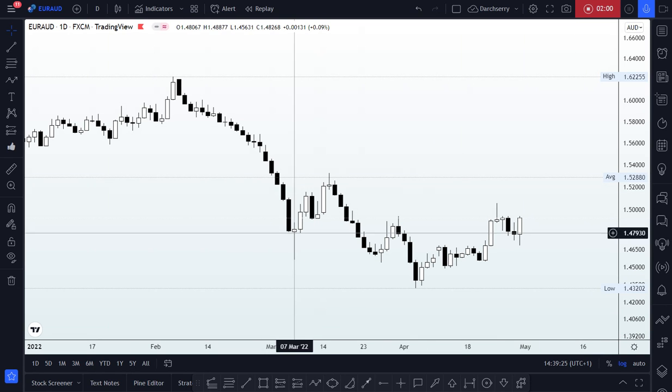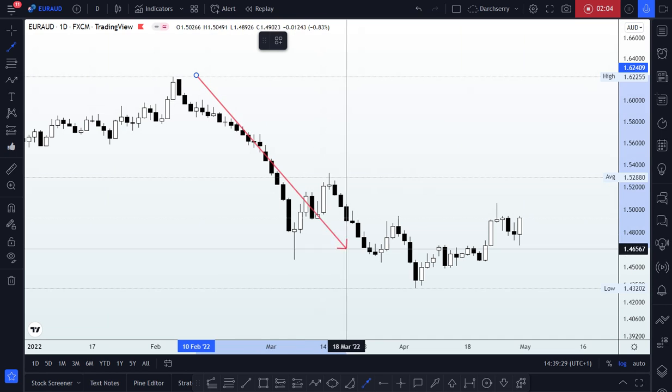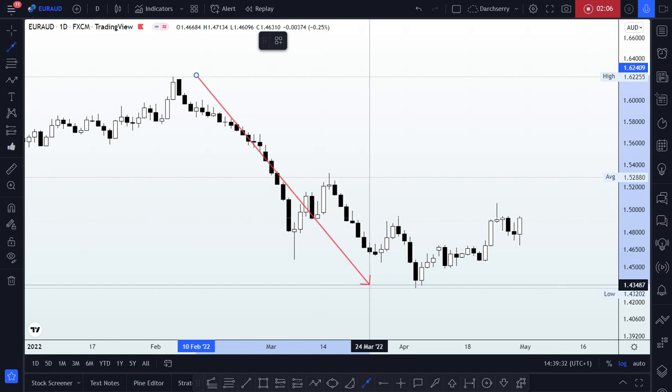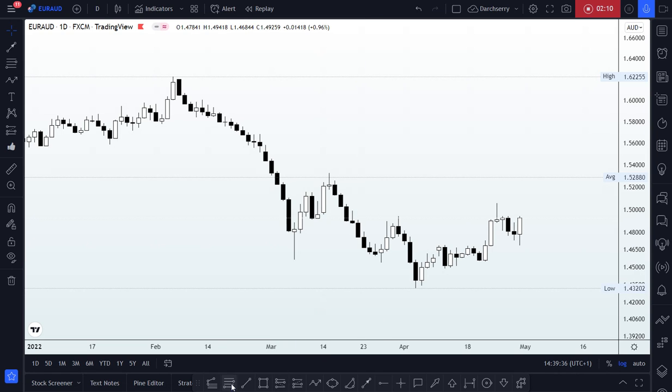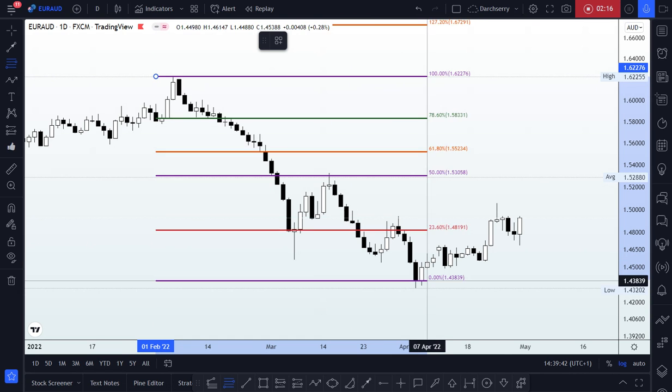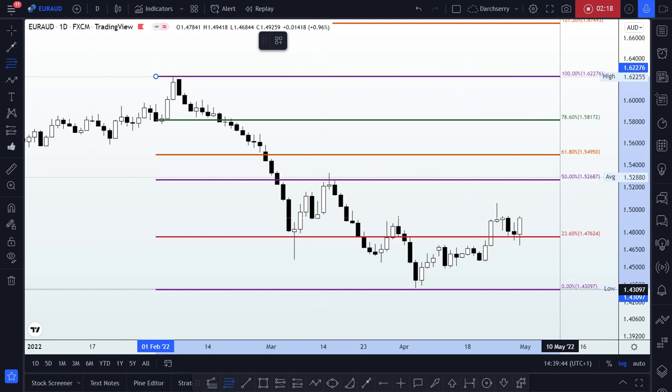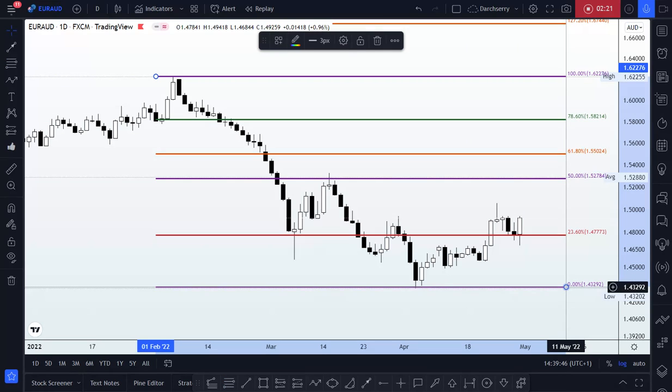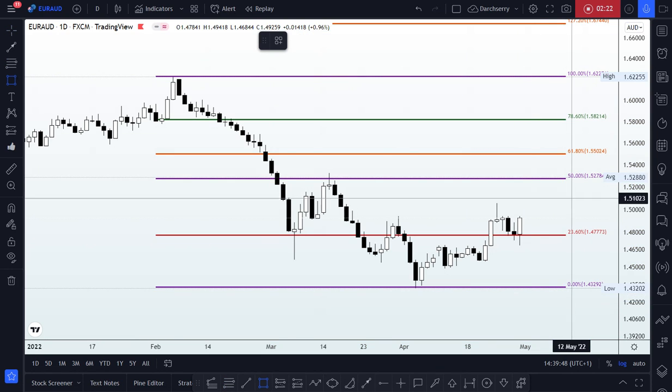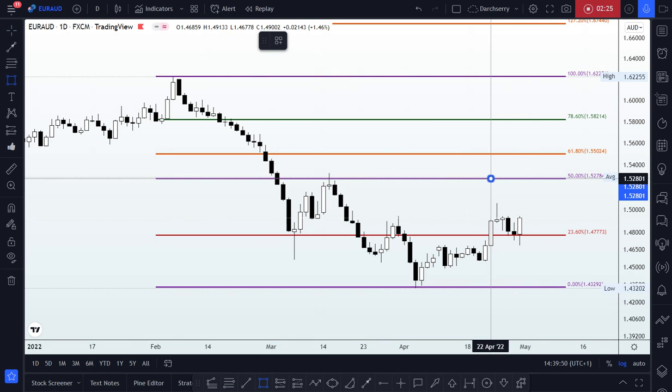Now, if we look at this impulse leg, we want to first of all identify where our golden zone is going to be, the retracement into the golden zone. So it's pulling out our Fibonacci retracement tool and extending it through the impulse leg. We can see that our golden zone area falls within 50 to 78.6% of the last impulse leg.